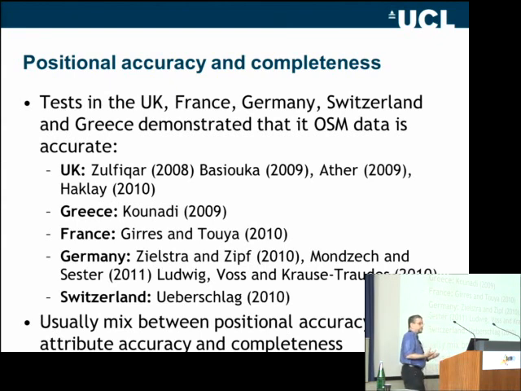And what this kind of research showed is that we have now, at least that's the list that I've got. If other people have other places, I think you will talk about the issue of what researchers can do and can't do. But here's a whole set of research that cover places like the UK, France, Germany, Switzerland, Greece. I think there are also some examples from Ireland that show that the data is accurate.